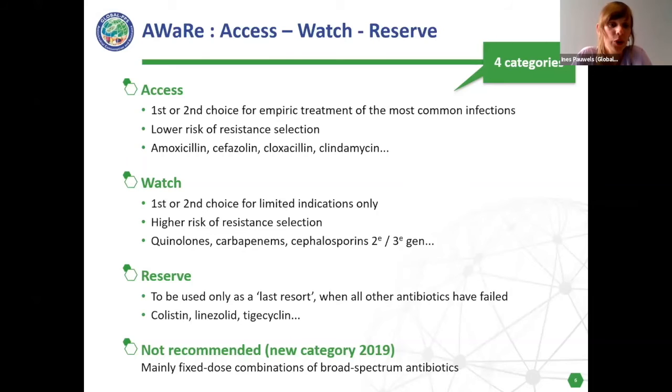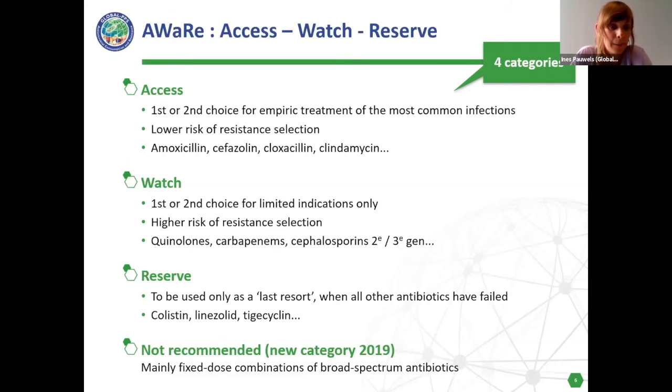These are the first or second choice antibiotics for limited indications only, but nevertheless quite important antibiotics. But they generally have a higher risk of resistance selection. For example, the quinolones, the carbapenems, and the cephalosporins of the second and third generation are all Watch antibiotics. And then finally, we have the Reserve antibiotics, and these are the so-called last resort antibiotics, such as colistin.